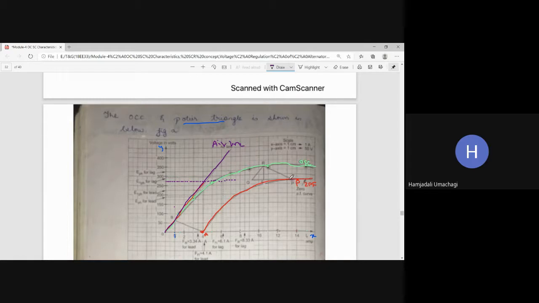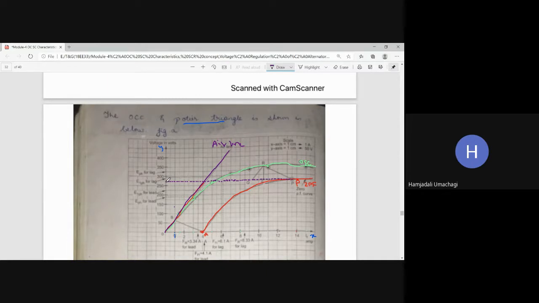From this point you draw the horizontal line parallel to the x-axis till it touches the voltage axis. From that point P, you draw the dotted line parallel to the x-axis such that it intersects the OCC and the air line, and finally touches the voltage y-axis.